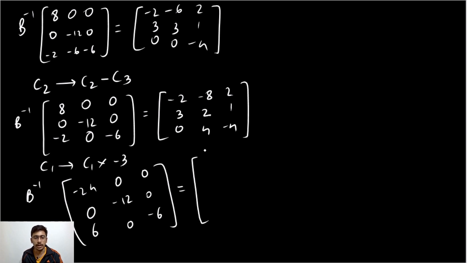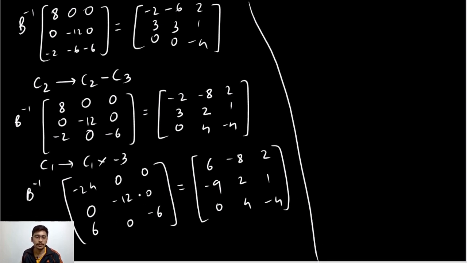What will we get over there? We'll get 3 6 minus 9 0 minus 8 2 4 2 1 minus 4 over here.